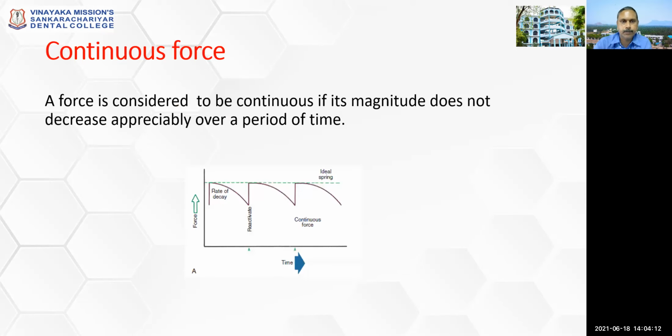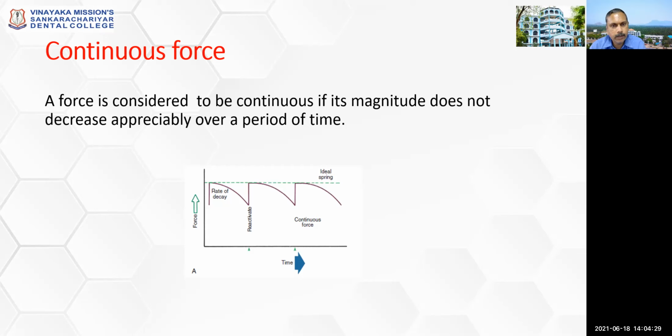So now you see, every diagram drawn is a graph between the x and y axis. The x-axis shows you the time, and the y-axis shows you the amount of force.